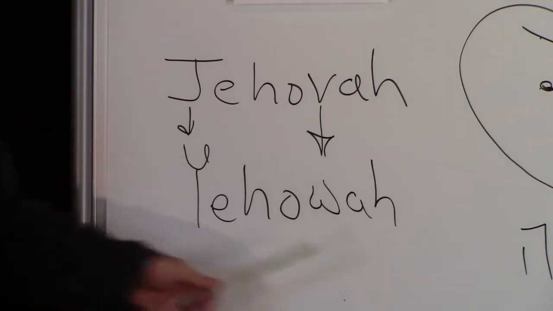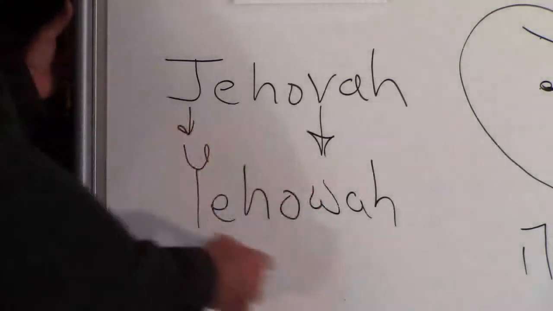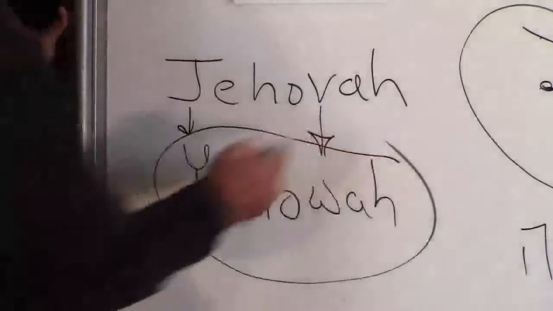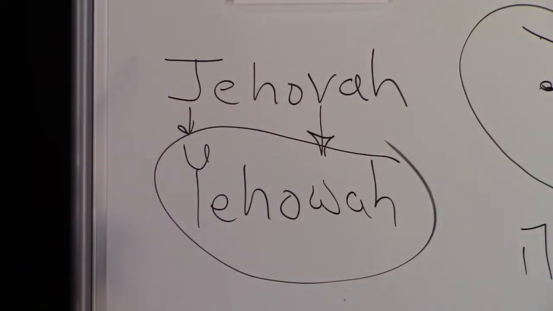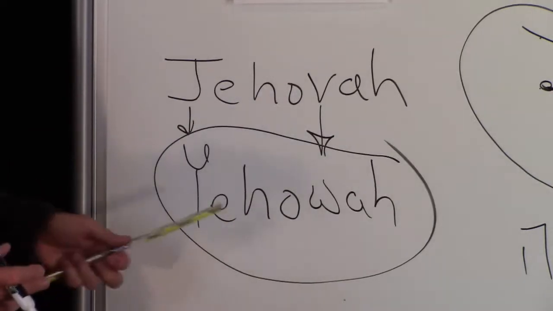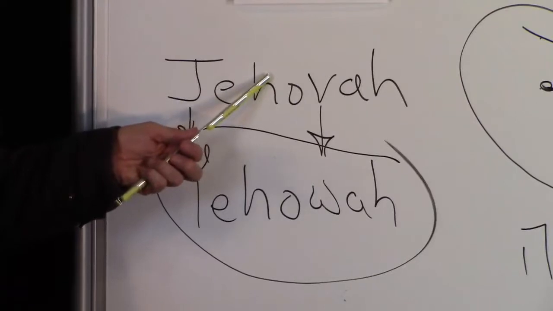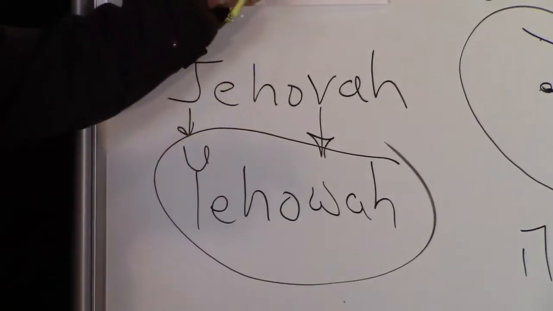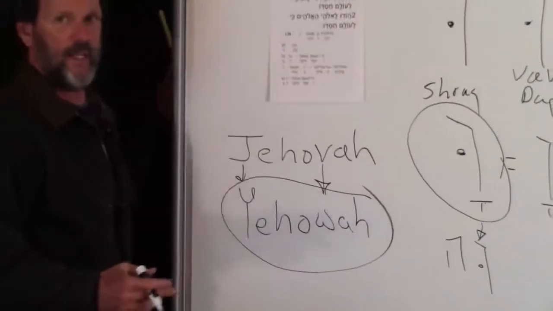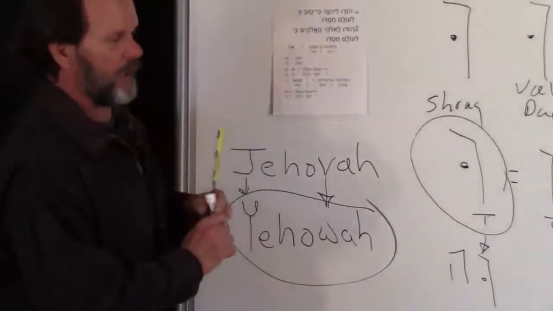That's real close to the right pronunciation. And you're going to hear people say that pronunciation came from taking the vowels for Adonai and overlaying them on the Yod He Vav He, and that's how you got that pronunciation.